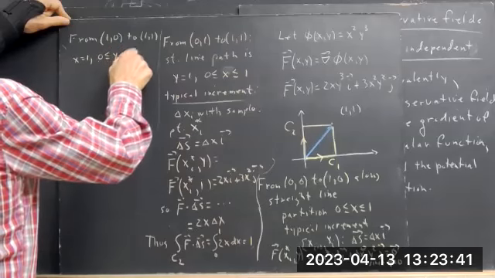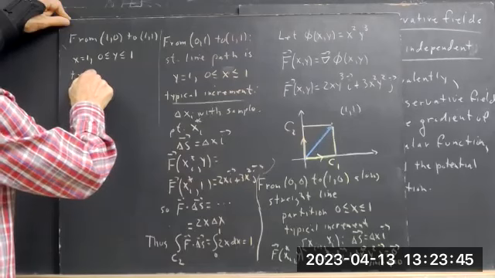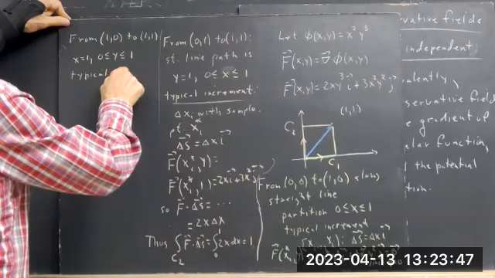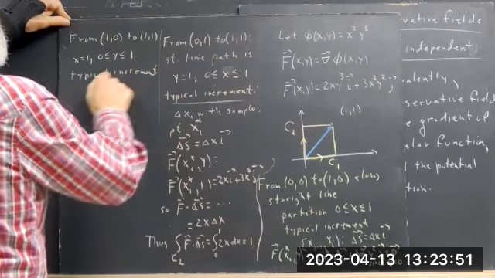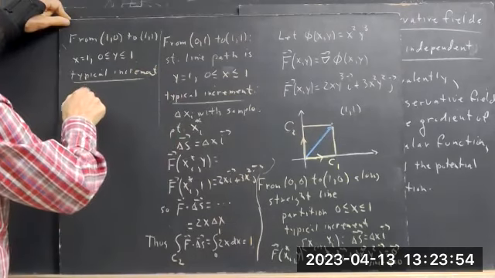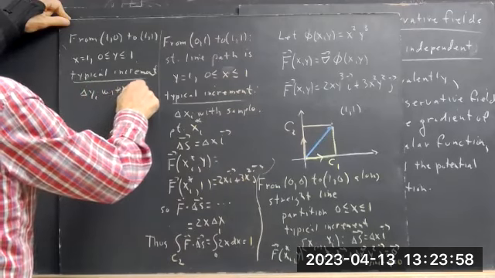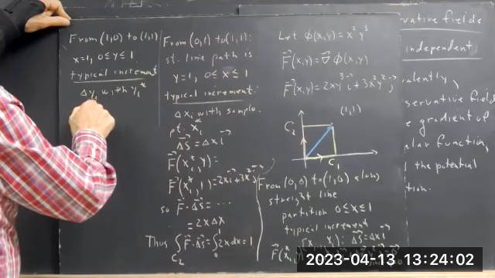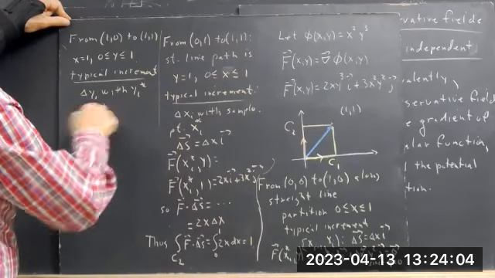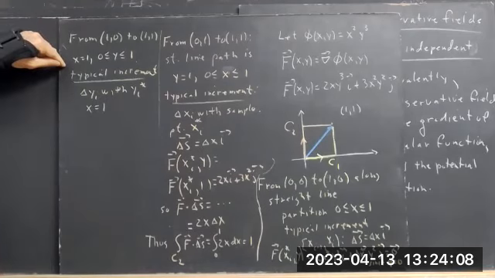I'm just going to write this down. Typical increment, you have a delta y sub i, y sub i star. Remind ourselves that x equals 1, not a bad idea, although we wrote it down there and we should be aware of it.